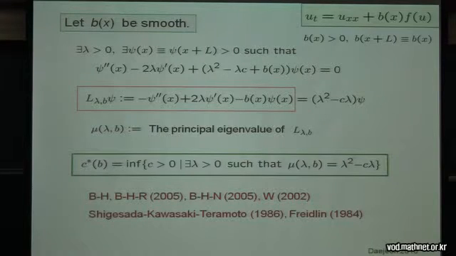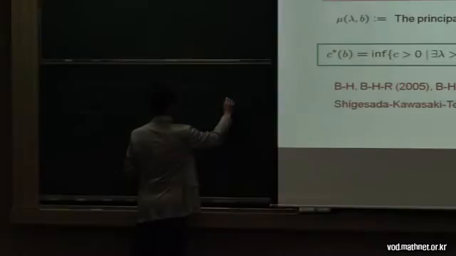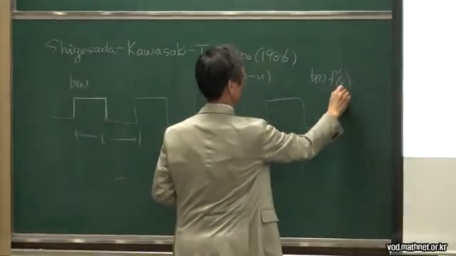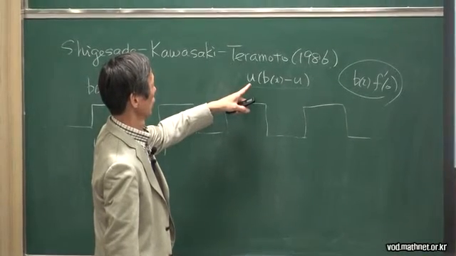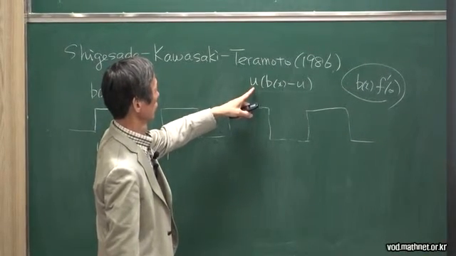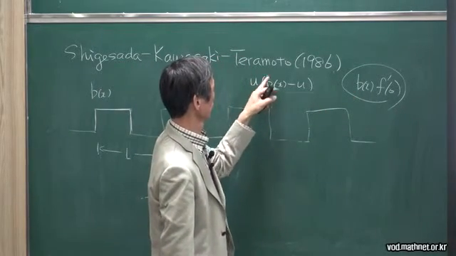So this is the growth rate of the species when the population is very small. Roughly speaking, to be more precise, b of x times f prime of 0 is the growth rate. But in this case, f prime of 0 is 1, so b of x itself is that.